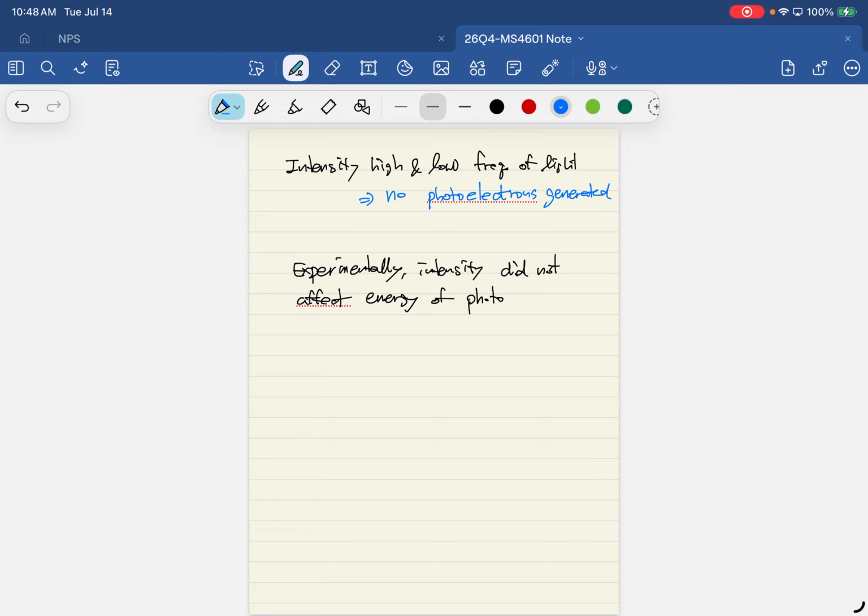But in another experiment, they maintained low intensity and changed the frequency, that is, the wavelength, of the incoming electromagnetic wave.